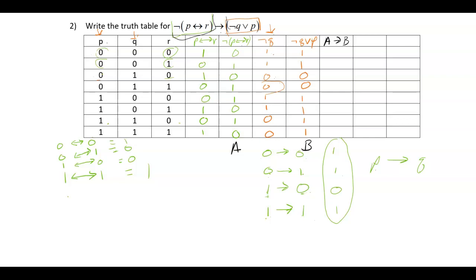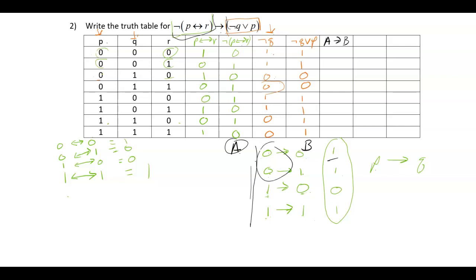So if I jot down this set of facts here for the if-then, anytime the variable on the left, which in our case is A, is a 0, I can say I get a 1. It doesn't matter. If the left side is 0, you by default go to a 1.